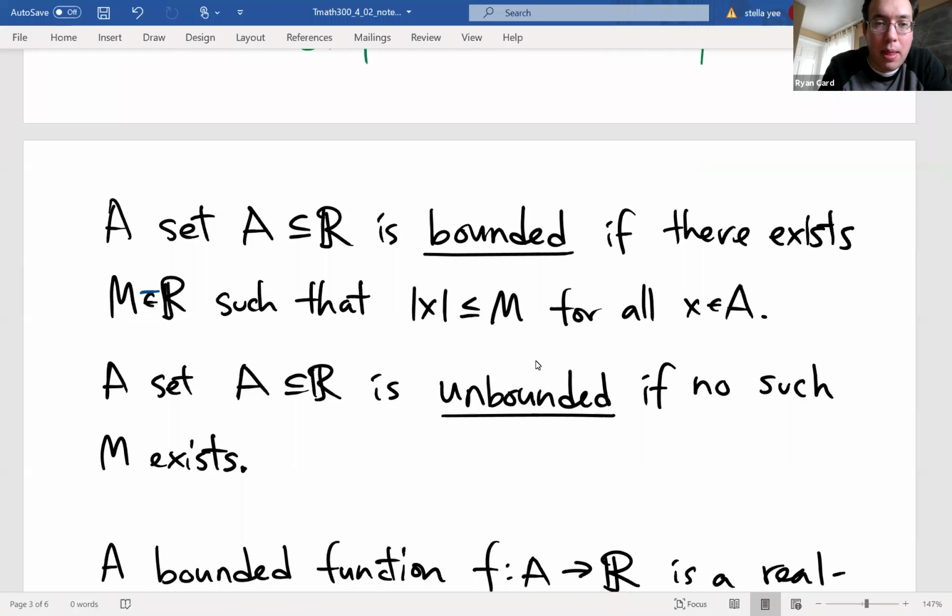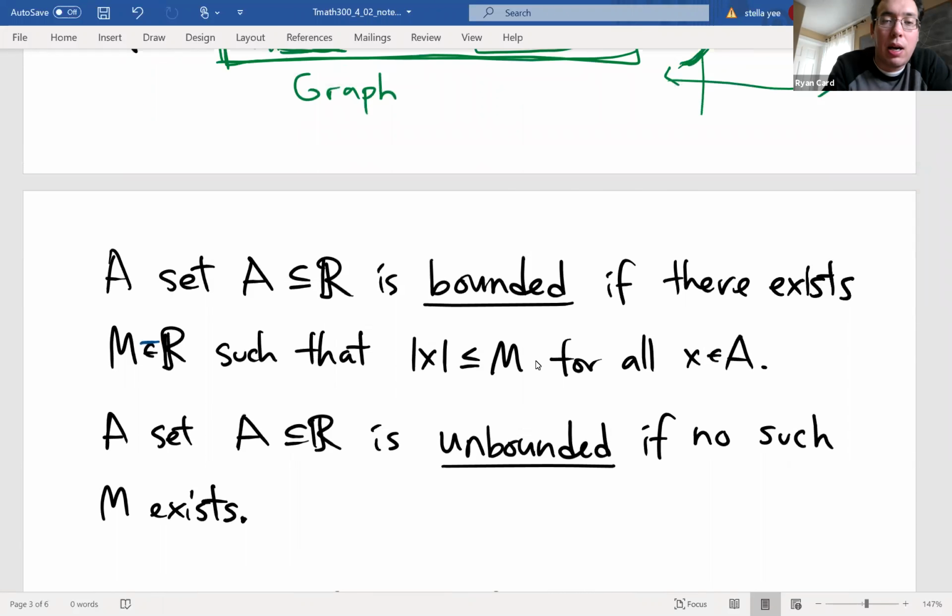Okay. Another useful definition is the notion of being bounded. We say a set A is bounded if you can find some real number m such that every element inside the set has absolute value less than or equal to m, for all of the x inside of A at once.